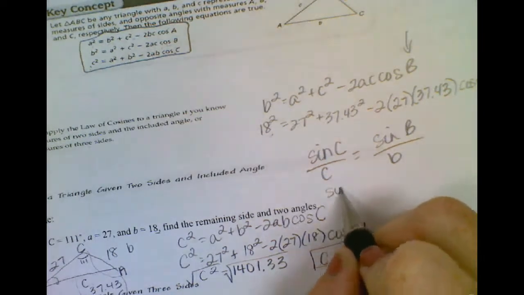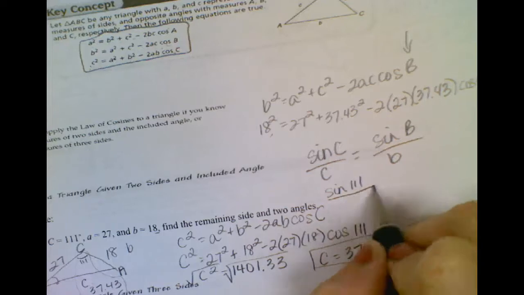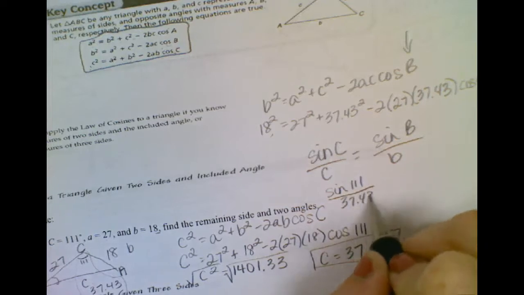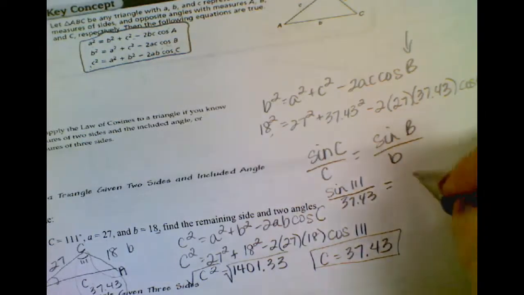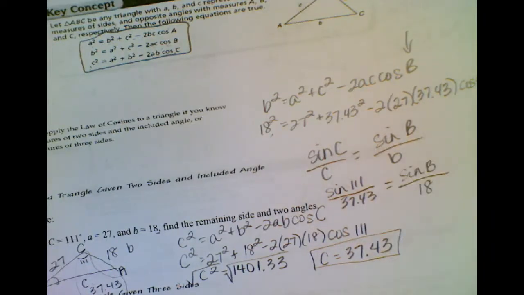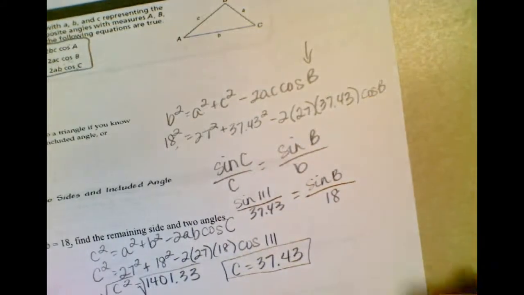So let's do sine of 111 over 37.43 equals the sine of B, since we don't know what that is, over B, which is 18. Okay? That is going to be a much easier problem to solve for.